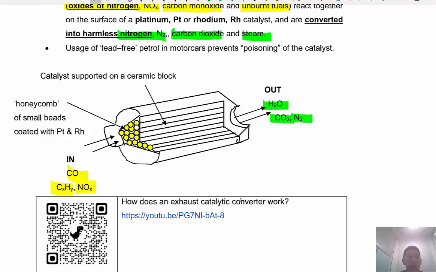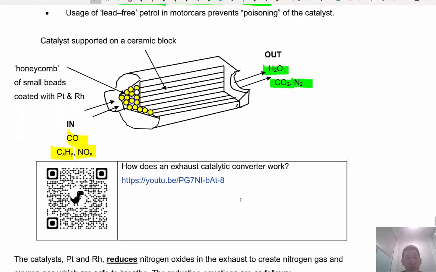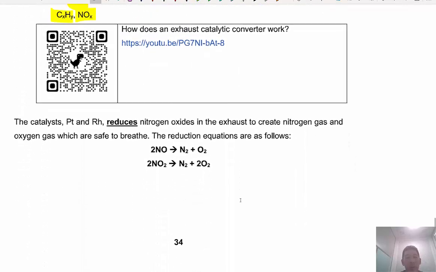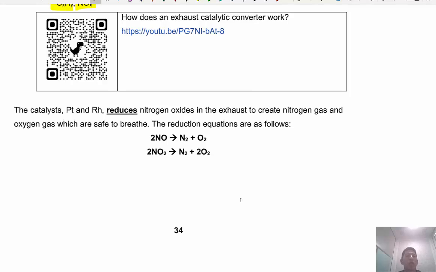Okay? So essentially, you can also think of it as a redox reaction. So it reduces the nitrogen oxides in the exhaust to create nitrogen gas and oxygen gas, which is safe to breathe. Reduction reactions as follows.